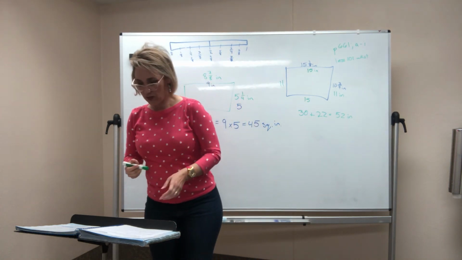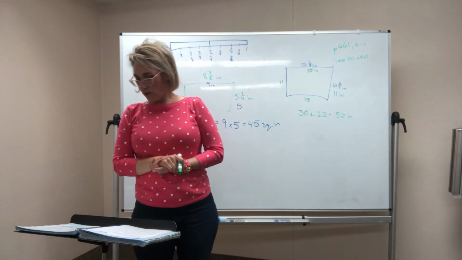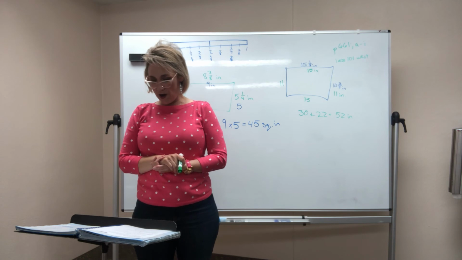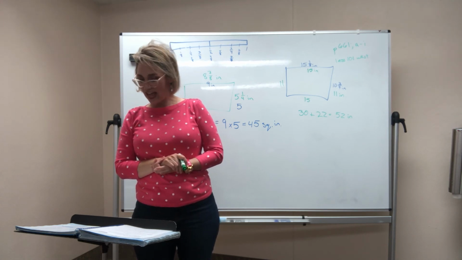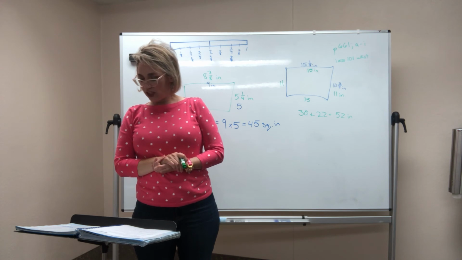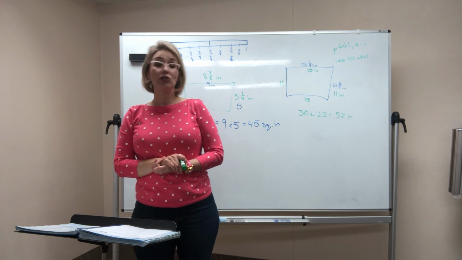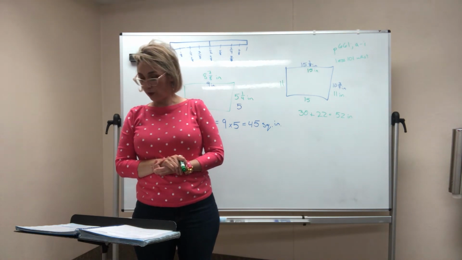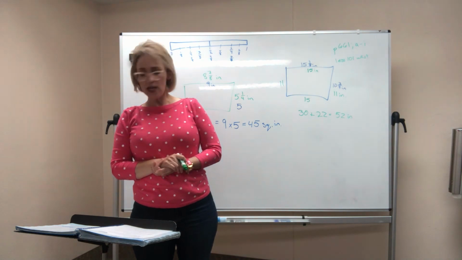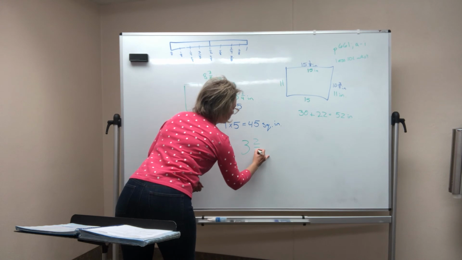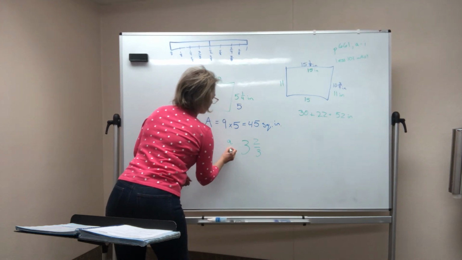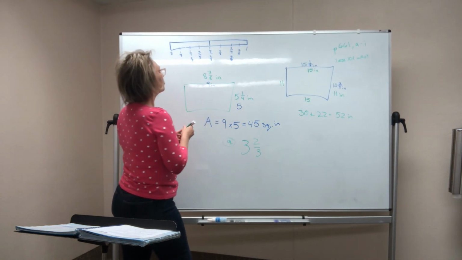It doesn't matter which you do first. Let's look in your book at lesson practice A. It says to round each of these numbers to the nearest whole number. A is 3 2/3. Okay, all right, 3 2/3.